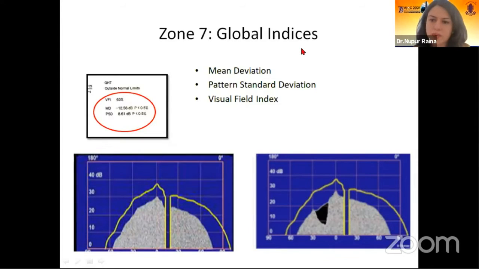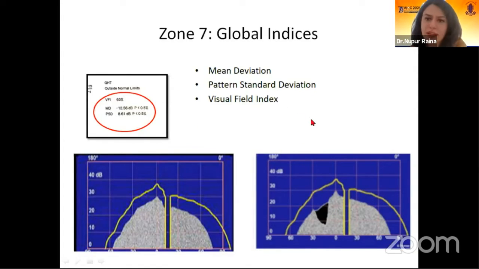Zone 7 covers the global indices, wherein we have the mean deviation, which is an aggregate of all the values on the total deviation map. The pattern deviation tells us about any change in the contour of the hill of vision. So mean deviation tells us about any generalized depression, and pattern standard deviation tells us about any localized depression.